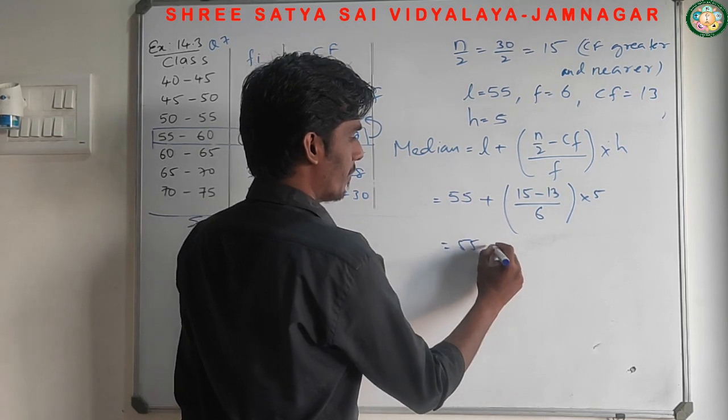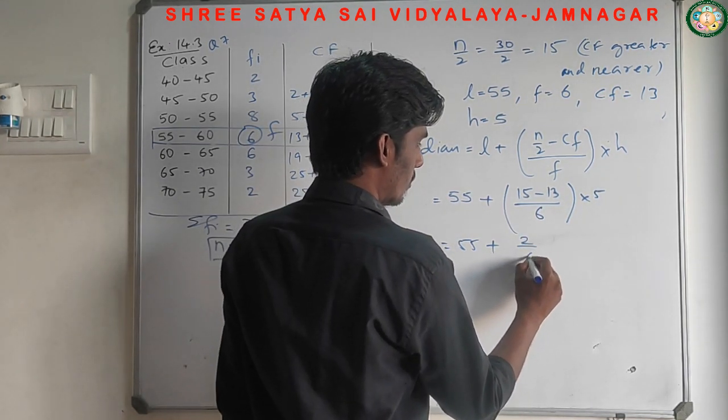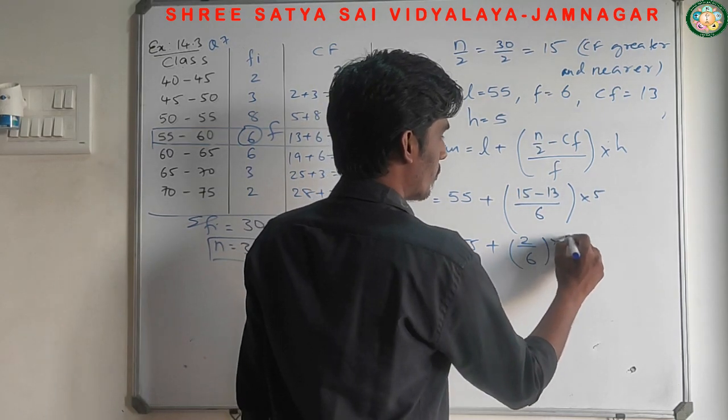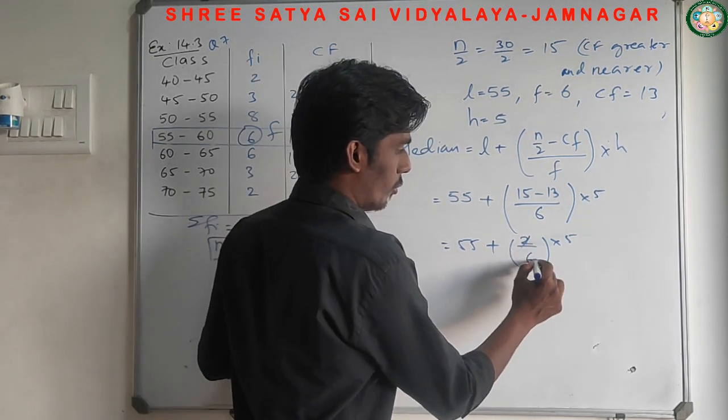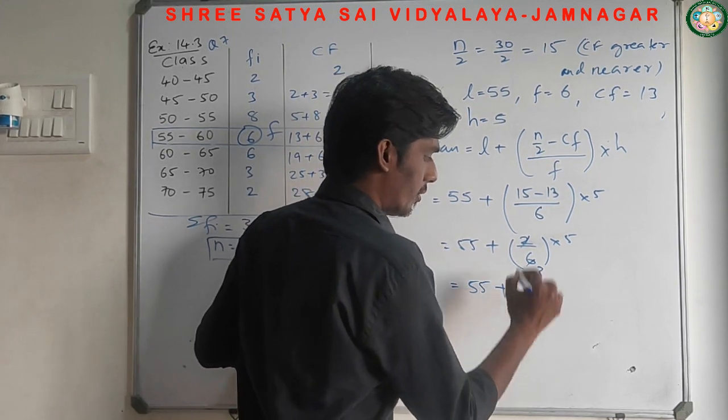So it's 55 plus (15 minus 13) which is 2, upon 6, into 5. So 2 sixes are a third, giving 55 plus 5 upon 3.